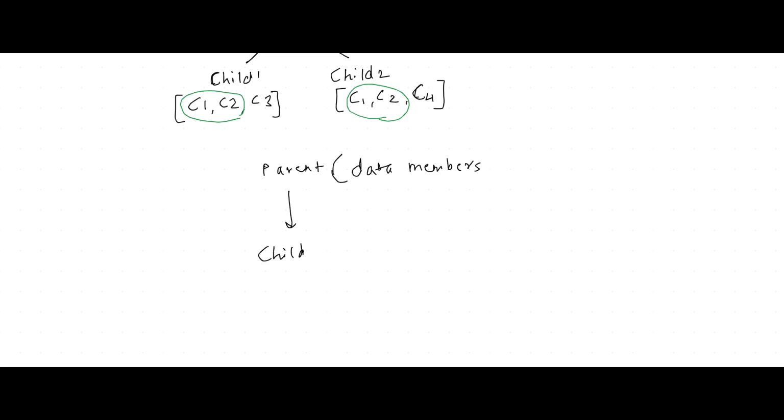Similarly, the concept of inheritance in Python says that this is a class, this is some other class, and I'm going to say that my child class is inheriting from my parent class, which means that the data members and functions of your parent class will automatically become available to your child class. The child class will be able to access the data members and functions of your parent class. It's as simple as this.